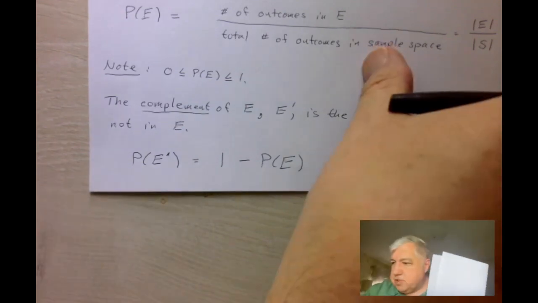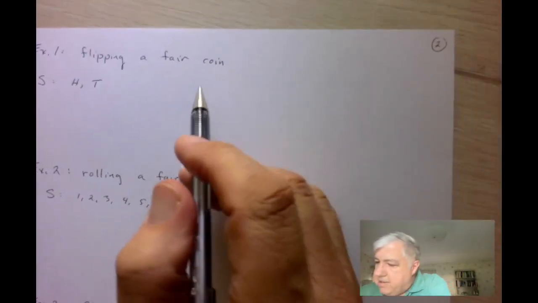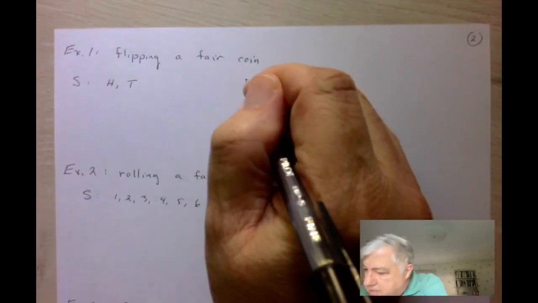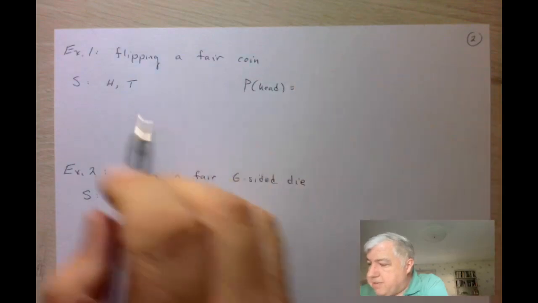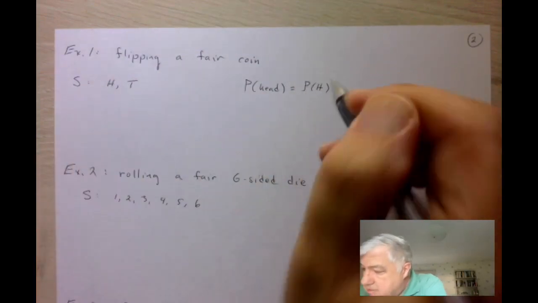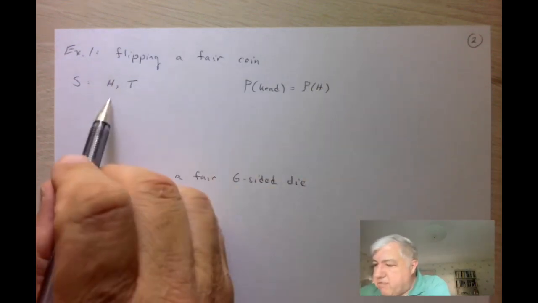All right. So let's do some examples here. We can see that in the simple case of flipping a coin, the probability of a head, this is basically the probability of H, would just be the number of ways that H happens.